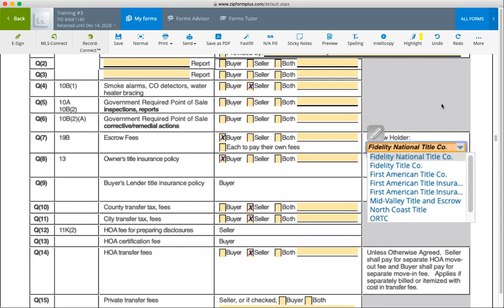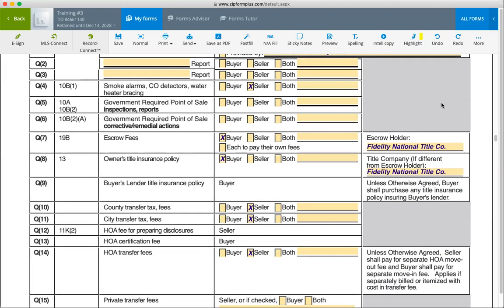To further answer, if we've already opened escrow, or the other side has already opened escrow with somebody, there's a spot towards the end of the RPA, in the closing sections, third from the last page, where you have the agent information again, like alternate contact and stuff.